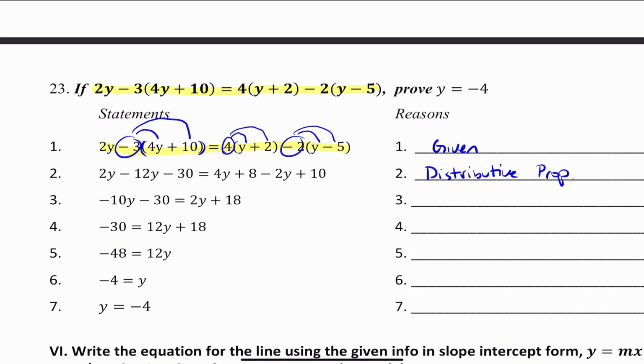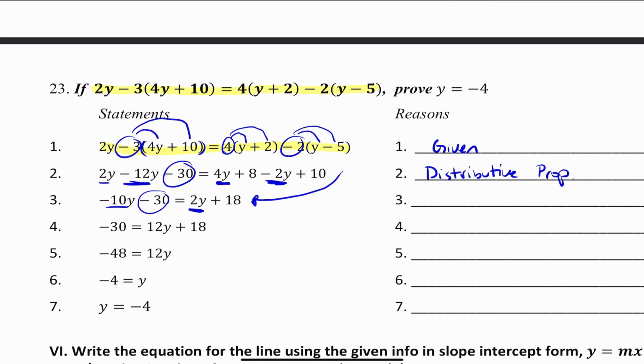Next, I'm going from here to here, and just by looking at it, I can see that these two terms can be combined, and these two terms can be combined. So 2y minus 12y, that's negative 10y, and then 4y plus negative 2y, that's positive 2y, and then nothing is being done to, oh, actually, I didn't see this part here.